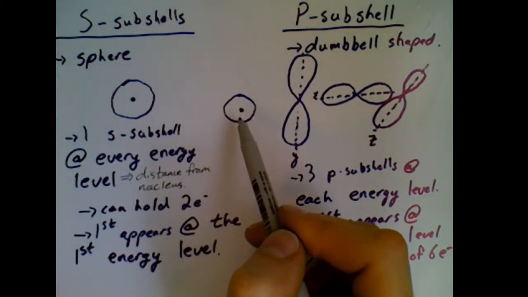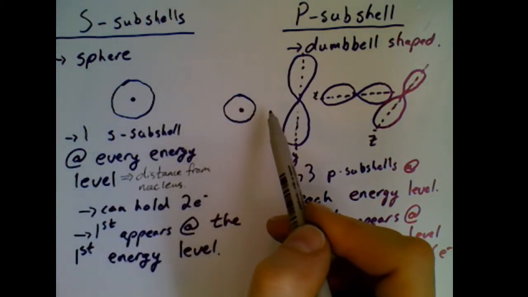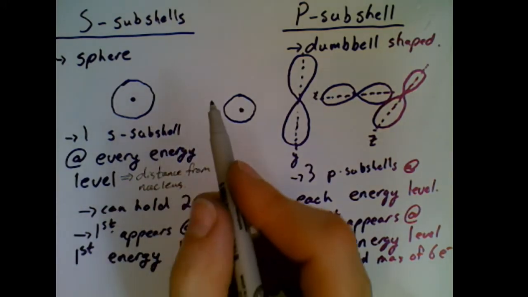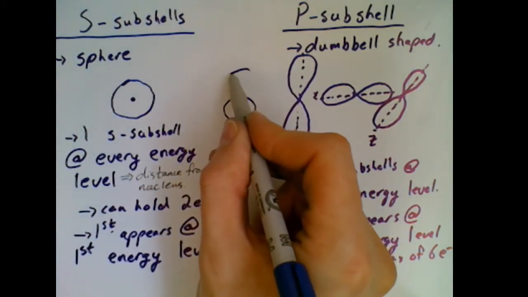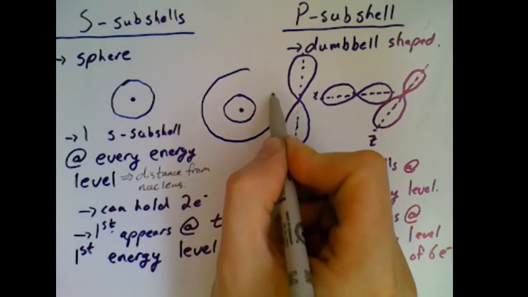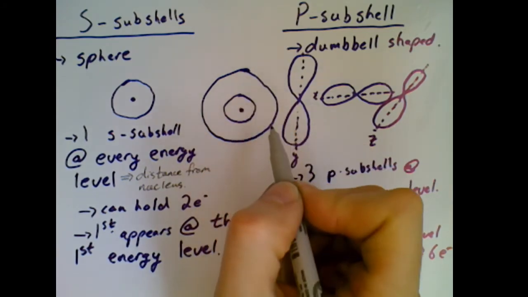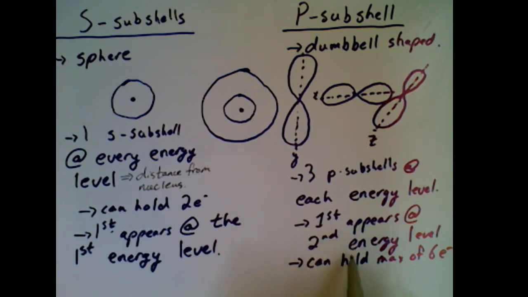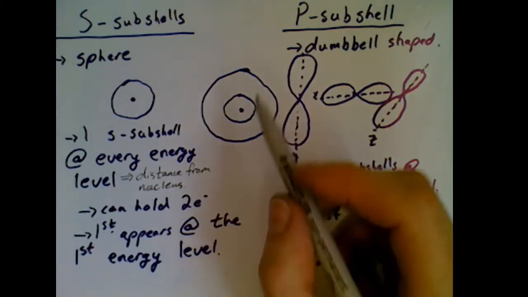Then, at the next energy level, the next distance from the nucleus, there is actually also another S subshell, so another sphere. So this kind of starts to look like the Bohr model now. But the second energy level also has the p orbitals.